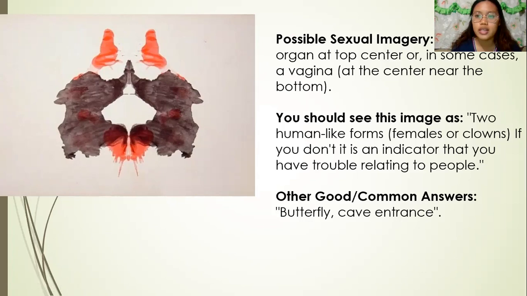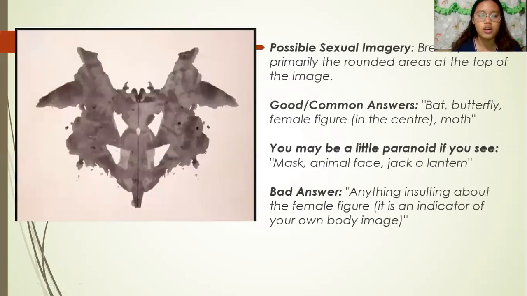It is the most common answer. If you don't see it, it is an indicator that you have trouble relating to people. Other good common answers are butterfly and cave entrance. To give more examples, I also put here another one. Possible sexual imagery is breasts, primarily the rounded areas at the top of the image.